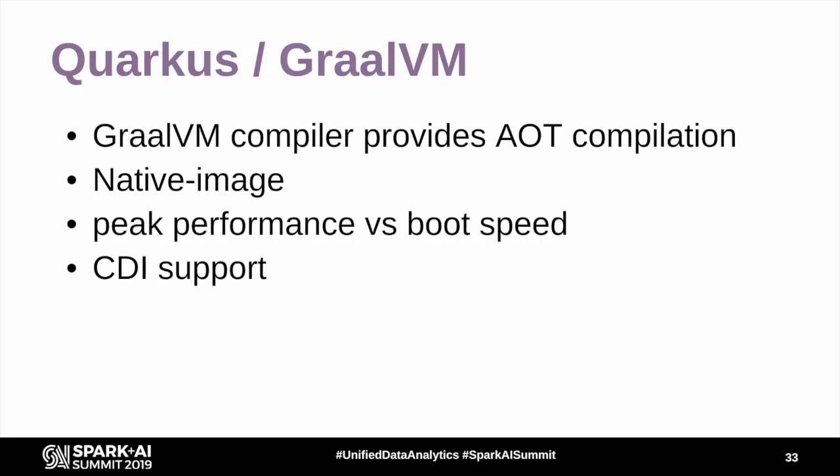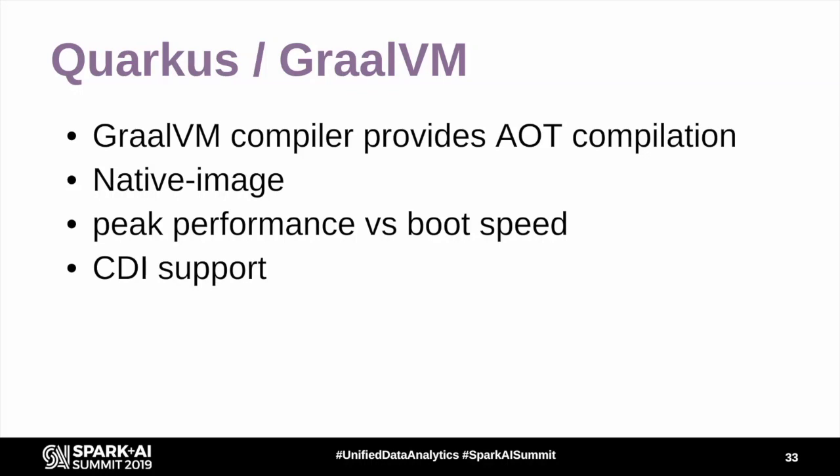And yeah, normally the JVM is optimized for something called peak performance. So if you run the application as a server for a couple of days or hours, it will optimize only those hotspots in the JVM code that require that, while the boot speed is pretty bad.